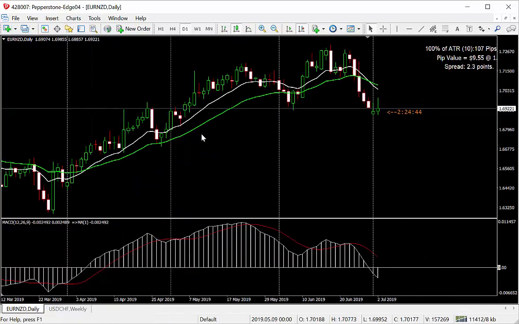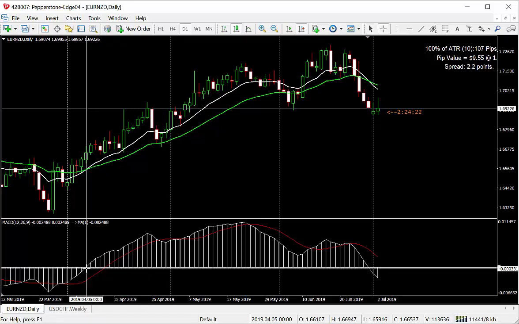So there are a couple of ways to use MACD. I put two moving averages up there on the chart. This is the 12 and that's the 26 EMA, just to show you the exact measurements of the MACD. As you can see, whenever these two moving averages cross, the histogram of the MACD moves above 0.